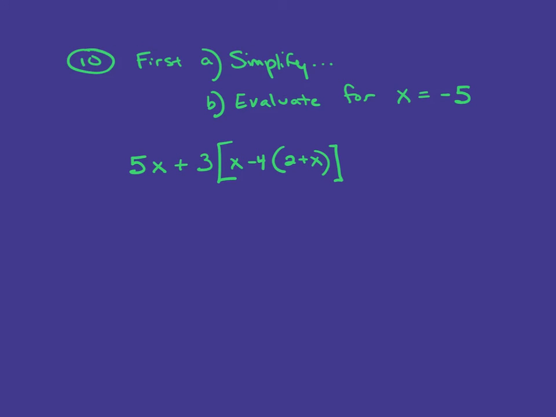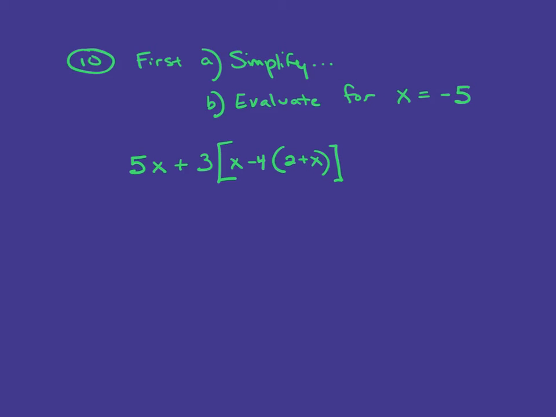Number 10, first A, they're going to have 2 things they want you to solve on this one. Simplify, so we'll condense this as much as we can, and then B, evaluate for x equals negative 5. So any x that we have left, we'll go ahead and insert a negative 5 for it, and then we'll see what number we get from all that.